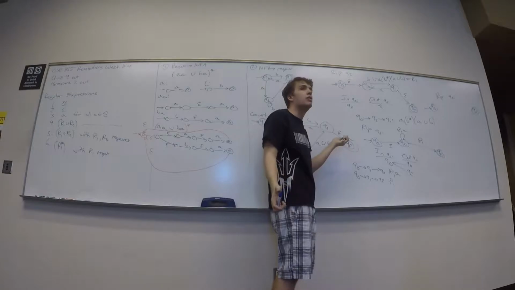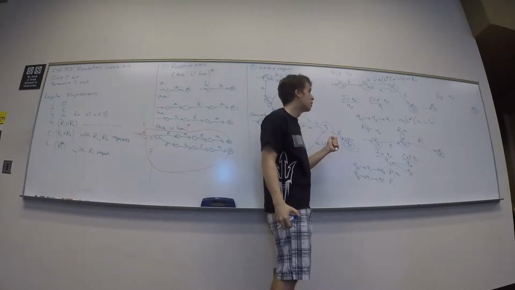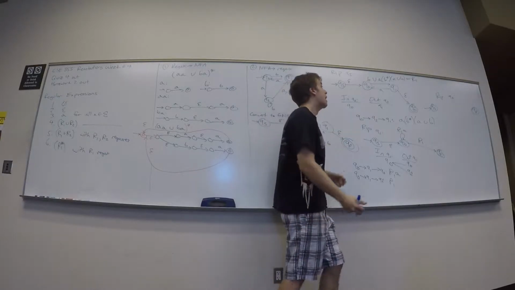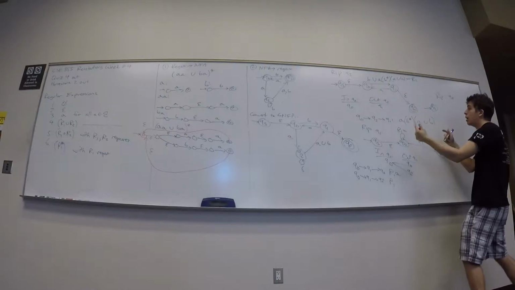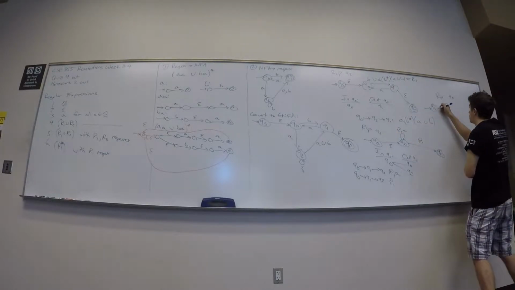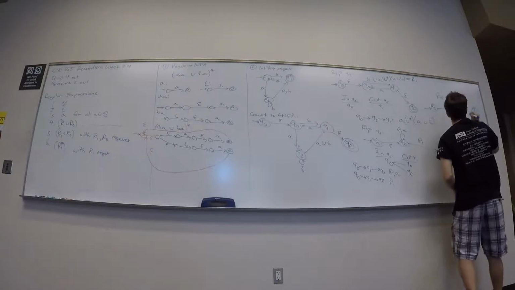So what do you think the final transition is going to be? R1A star, cat A star. Yeah, because I have nothing coming in, R1A star, and then R1F again. Cool. So R1A star R1.